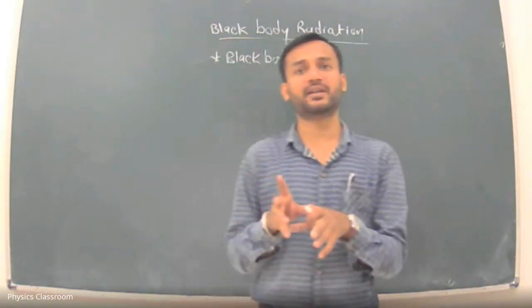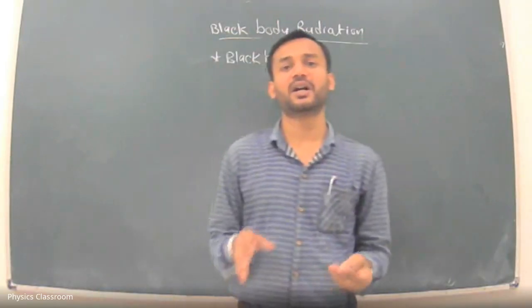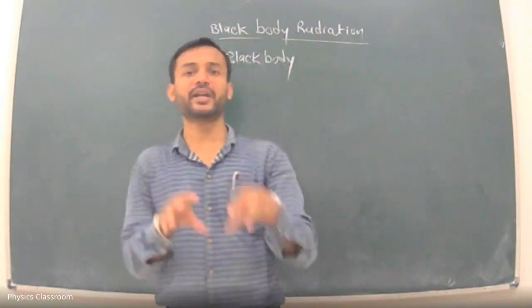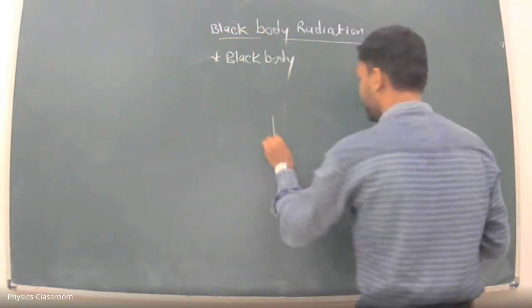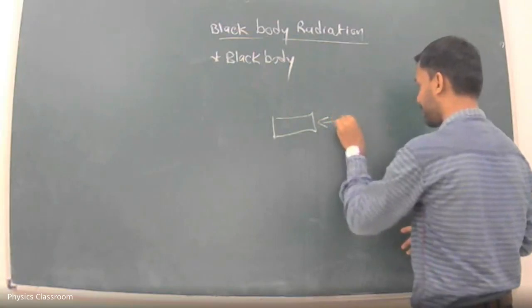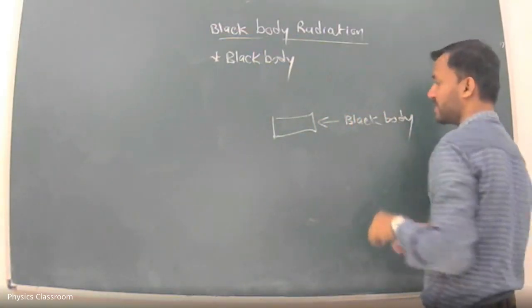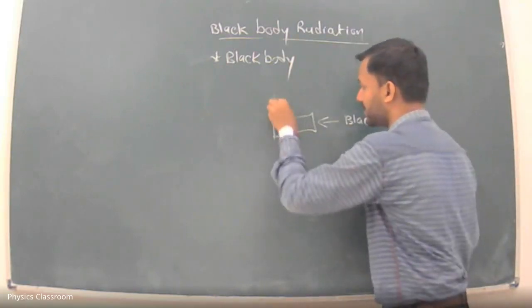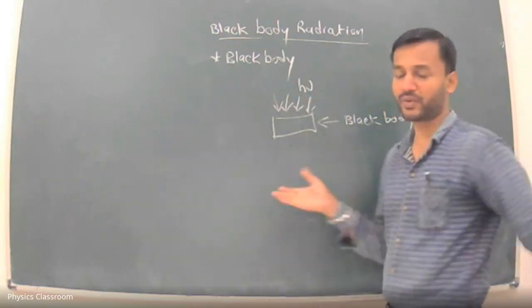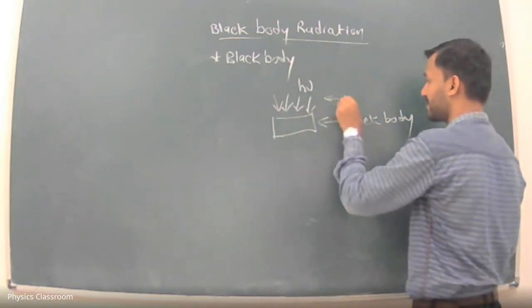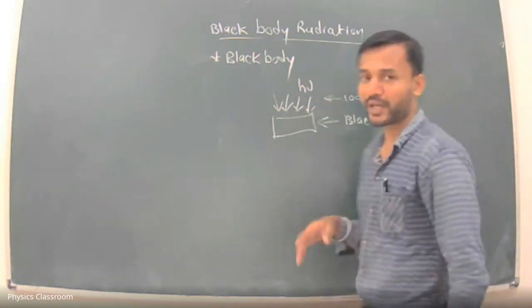Suppose we radiate, for example, 100 rays on the black body. Suppose this is the black body, and these are the 100 rays, photons.